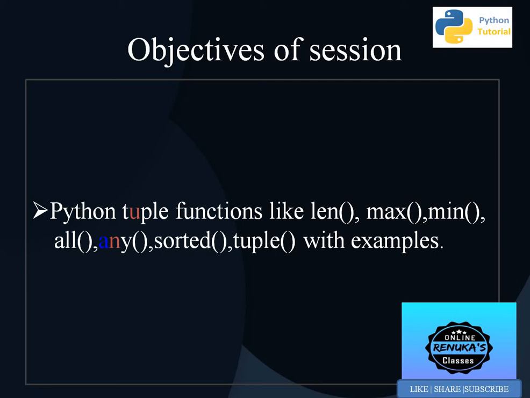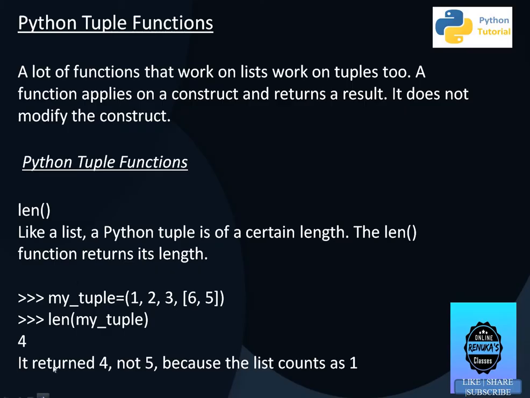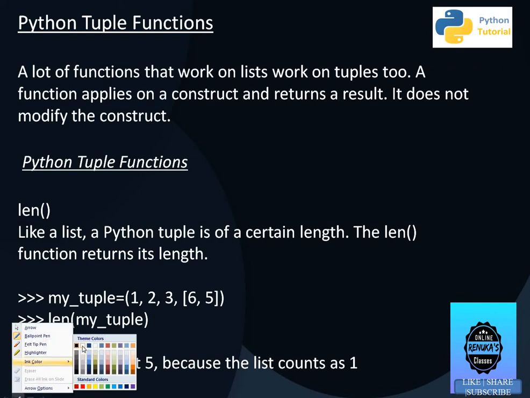Now we are going to discuss the functions of tuples in Python, like length, maximum, minimum, all, any, sorted, tuple, with various examples. Our very first function is the length function. As we discussed with lists also, the length function helps to find the number of elements present in the tuple.